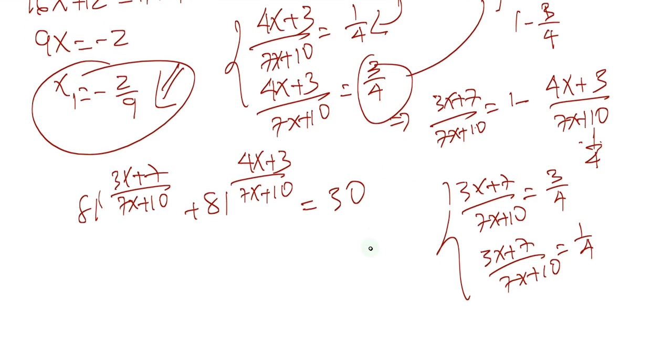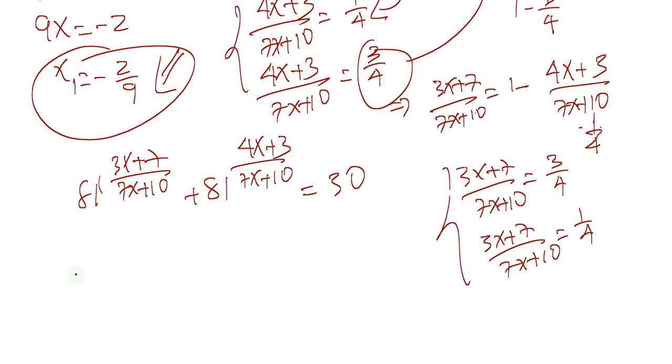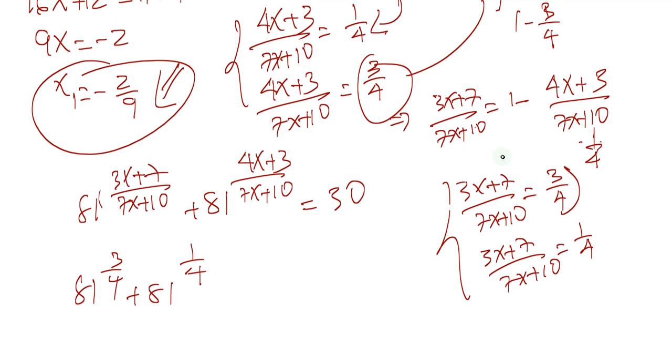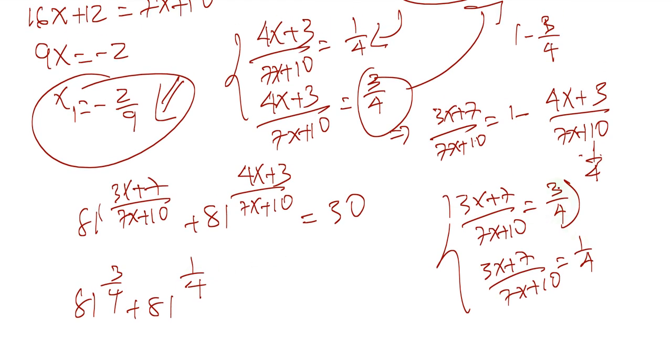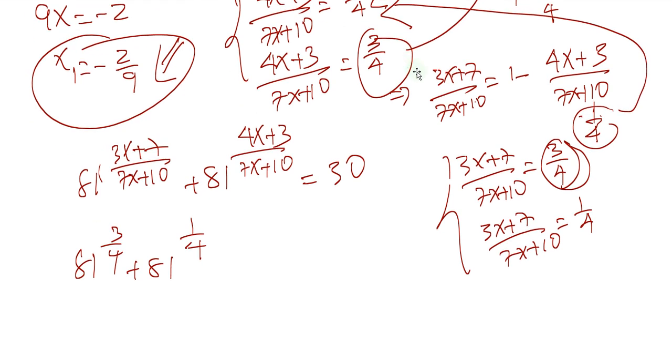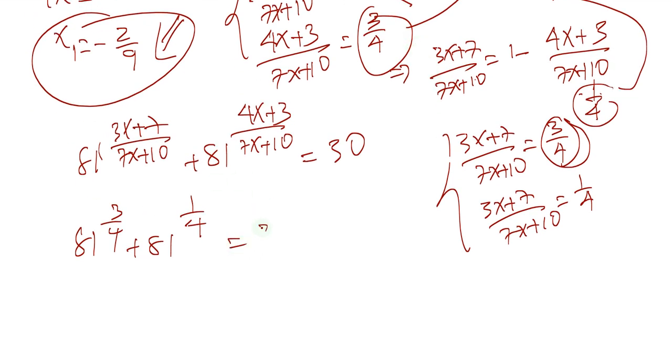Okay, so if we want to check our solution, let's pick the first part here. We have 81 to the power 3/4 plus 81 to the power 1/4, because we got this when we replaced this by 1/4. This is equal to 30.